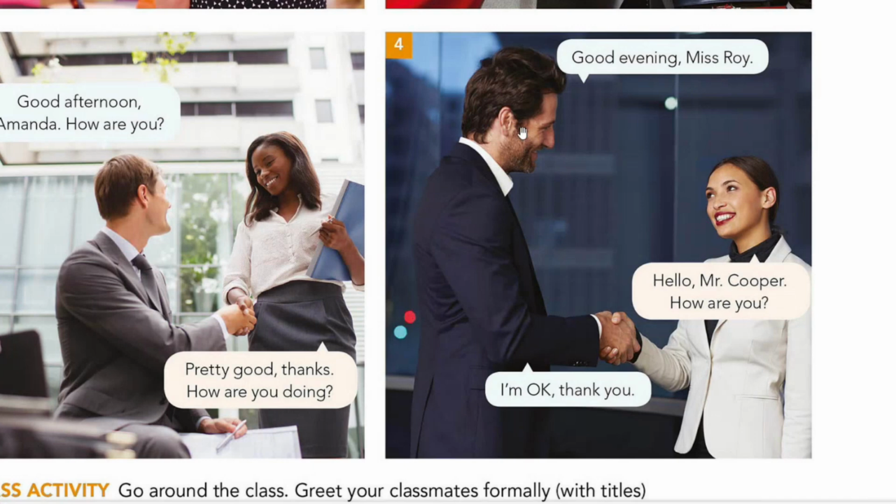Mr., because for a man, for a boy, we use Mr. Mr. Cooper, how are you? And the man answers, I'm okay, thank you. Yes, guys, this is the way you can use titles at the beginning when you are meeting someone, in a respectful way. So, thank you so much.